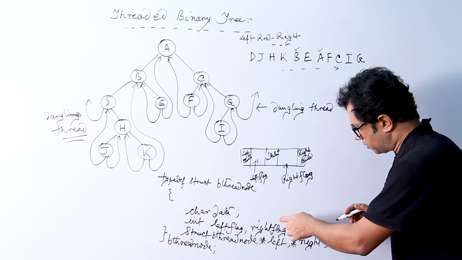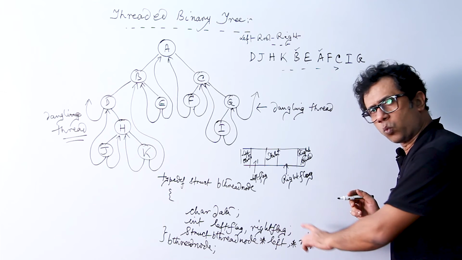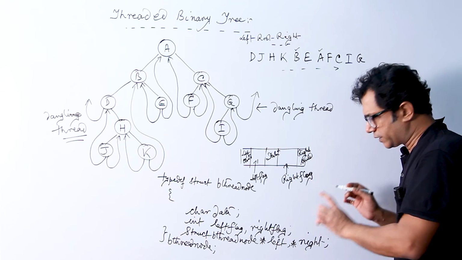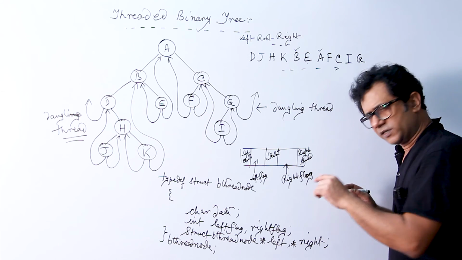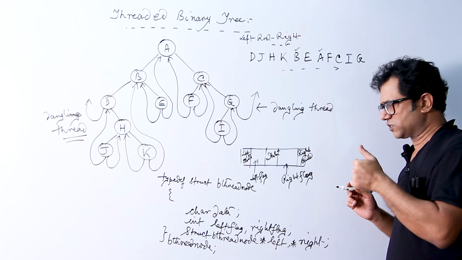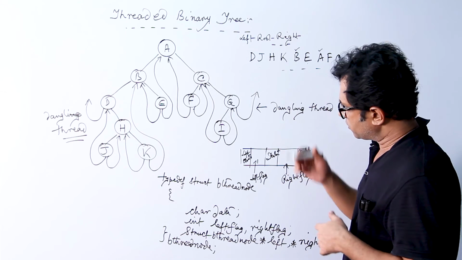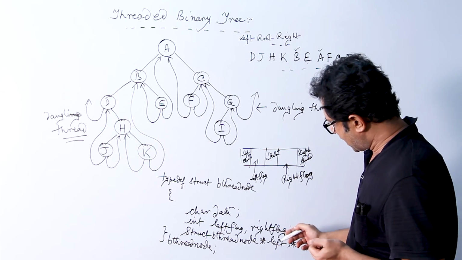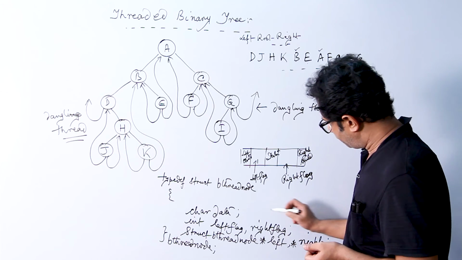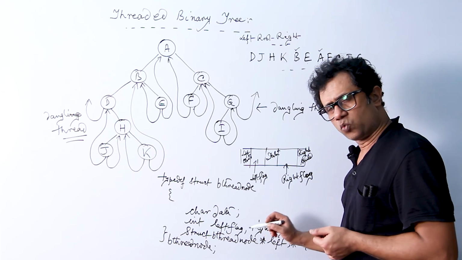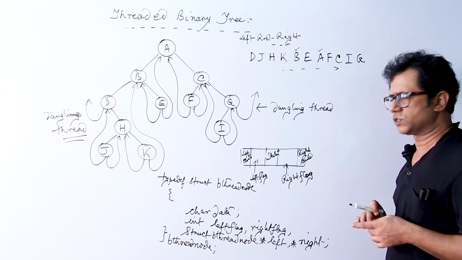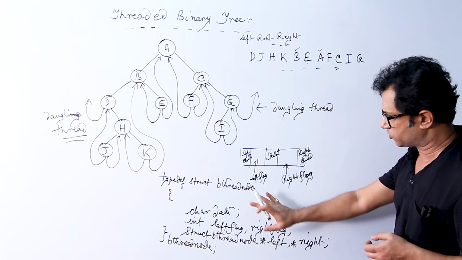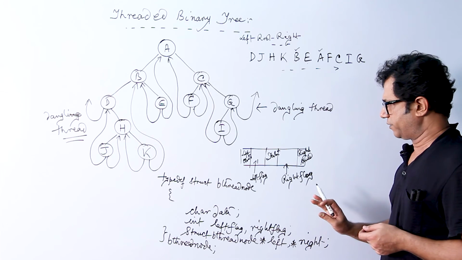If the right flag of any particular node contains 1, that means there is a right thread as well. So if there is a right thread in a particular node, then the right flag of that node will be set to 1, otherwise it will be set to 0. So this is the concept which we maintain in the structure definition of the threaded binary tree.